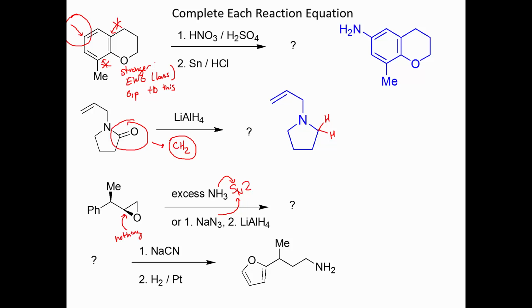Notice that nothing is going to happen to this carbon. All right, so we should not change the configuration there, but the SN2 goes with inversion of configuration, but it's not going to matter here because it's going to go there, and that's a CH2 group, so we don't have a choice of stereochemistry there.